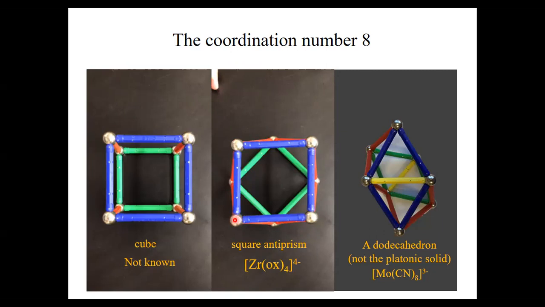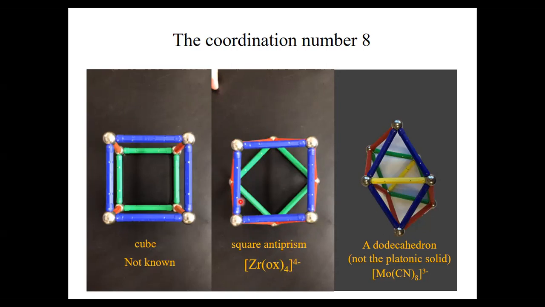An example for a square antiprism is the tetraoxalatozirconate 4 minus.